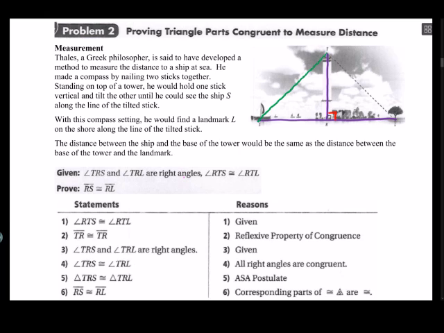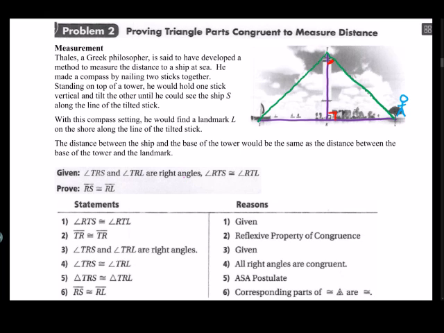And then he just turned around and faced inland and told his little unpaid intern to go stand out here. And he looked down the compass again, keeping the same measurement, and told his unpaid intern to go stand where he could look down the line of the compass. So now he knew that these bottom angles down here are both right angles.